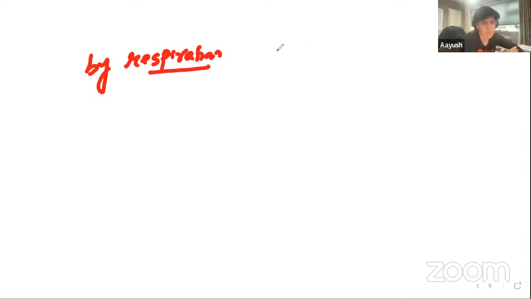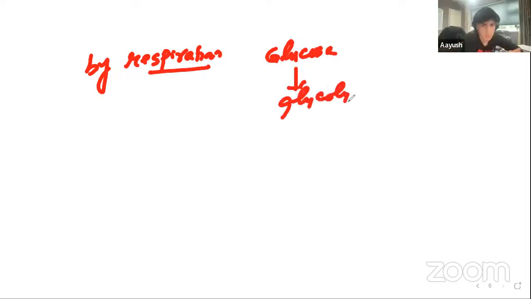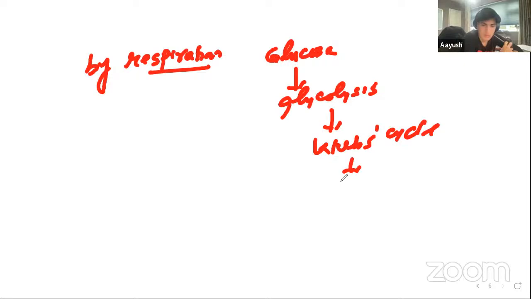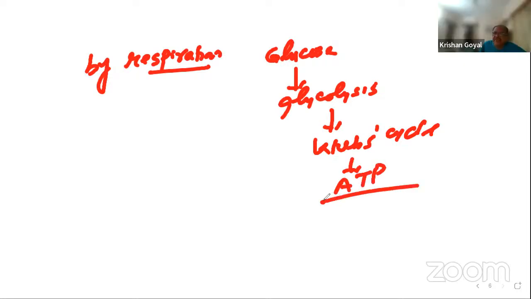Like this glucose will enter the glycolysis and then it will go for Krebs cycle. And ultimately energy in the form of ATP is produced.